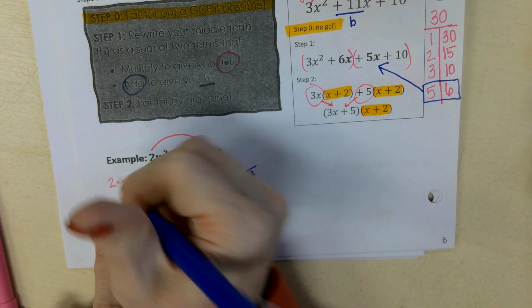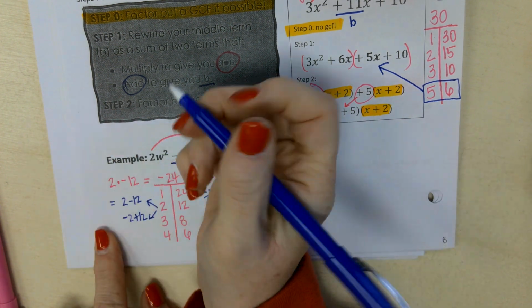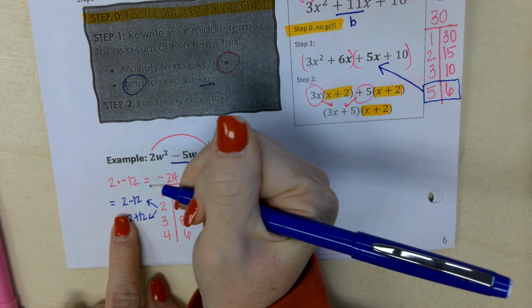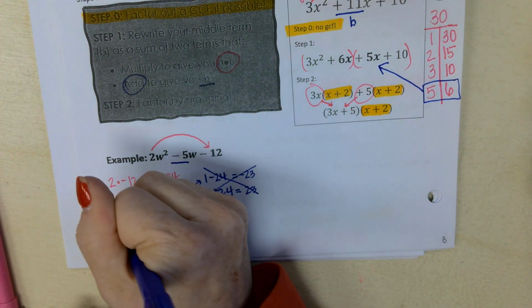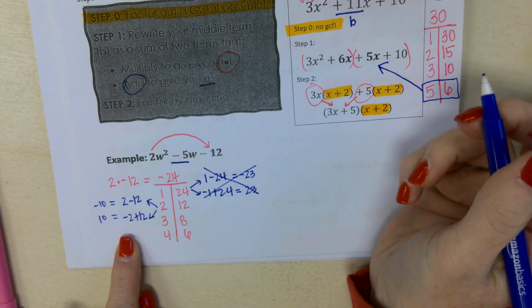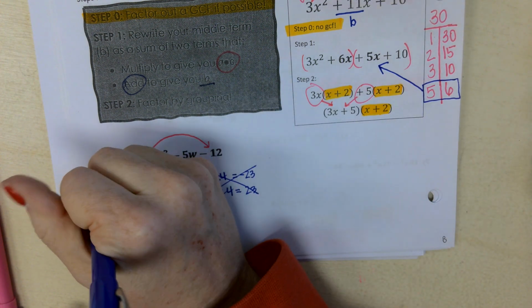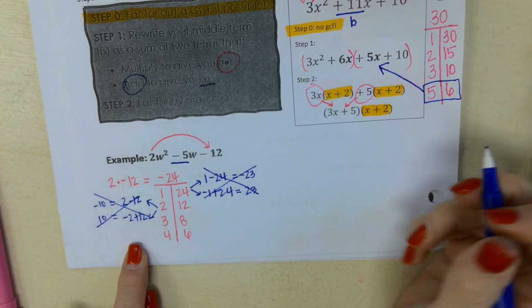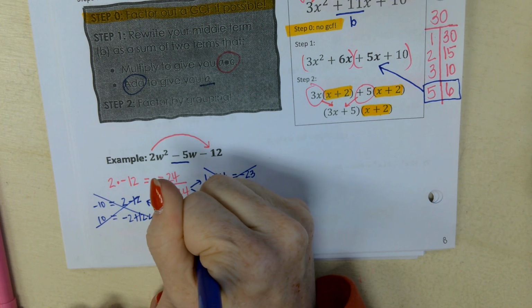What is 2 minus 12? Negative 10, and negative 2 plus 12 is positive 10. Did that give me the negative 5 that I wanted? No. Okay?